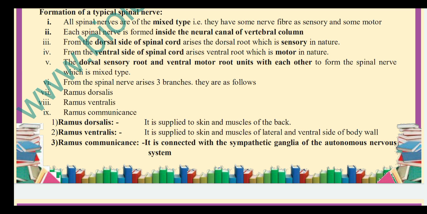From the dorsal side of the spinal cord arises the dorsal root, which is sensory in nature. From the ventral side arises the ventral root, which is motor in nature. So the dorsal sensory root and ventral motor root unite with each other to form spinal nerves, which are of mixed type.